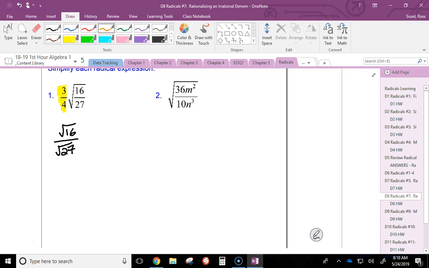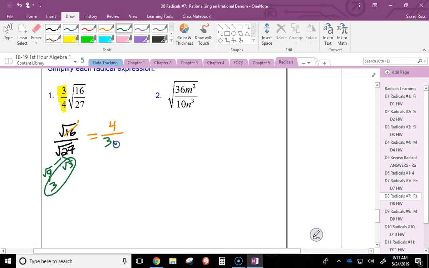Okay, square root of 16 is 4. 27, we factor down to the square root of 9 times the square root of 3. That becomes 3. So I'd have 3 times the square root of 3.